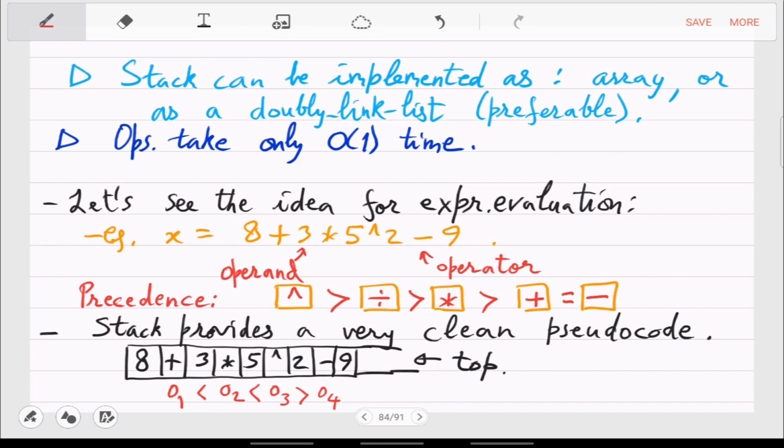This is an indication of something. Local maxima at O3 indicates that O3 has to be evaluated immediately. Which means that 5 raised to 2 has to be calculated immediately. This is the main idea. In fact, this is the only idea. The rest will be implementation.